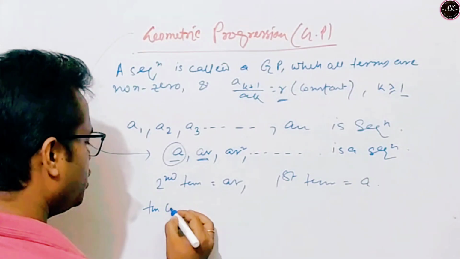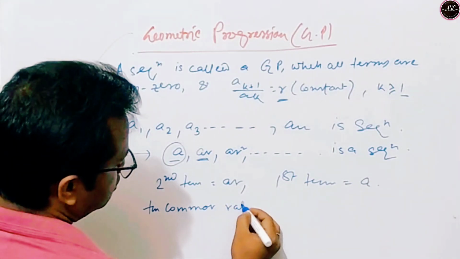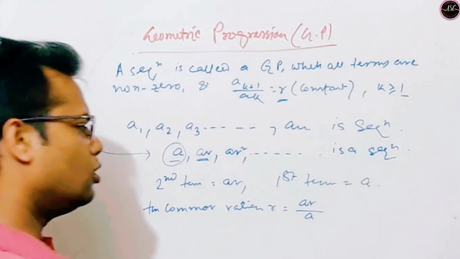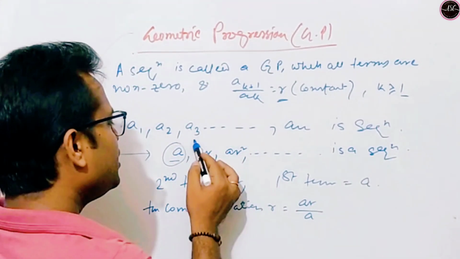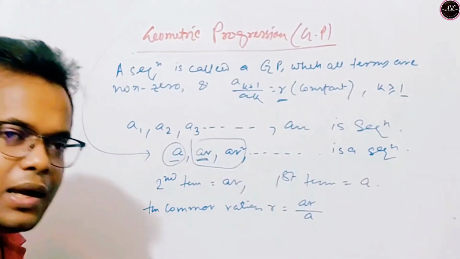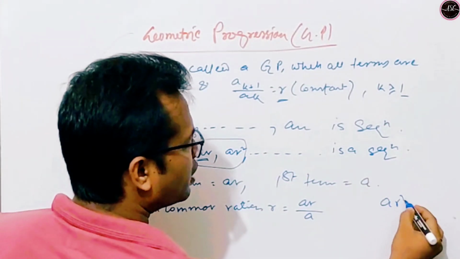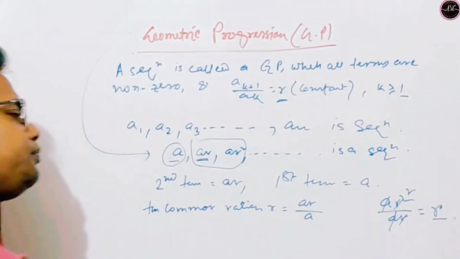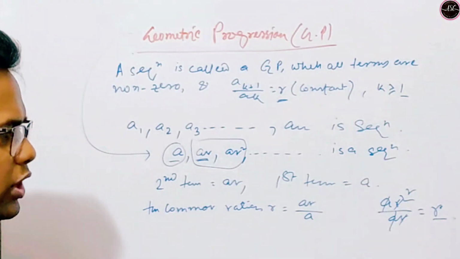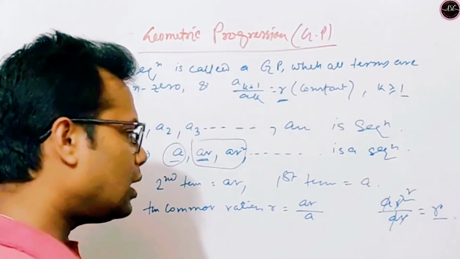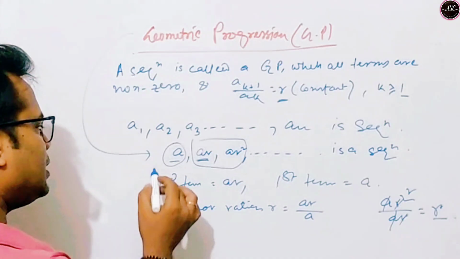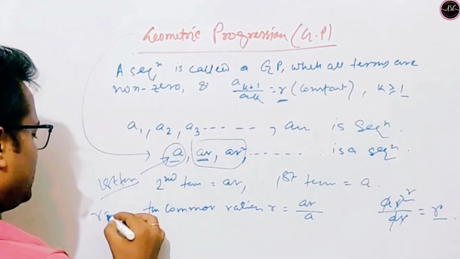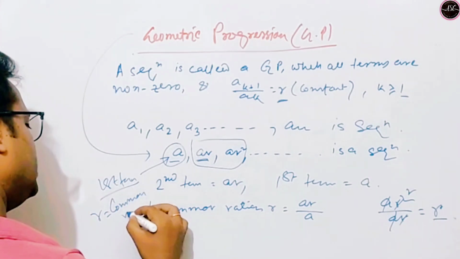So the common ratio r equals ar by a. Similarly, if we take the third and the second terms, the common ratio will be ar square divided by ar, that means r. So we found the first term, that means a is the first term and r is the common ratio.